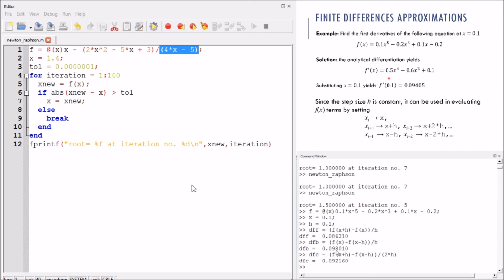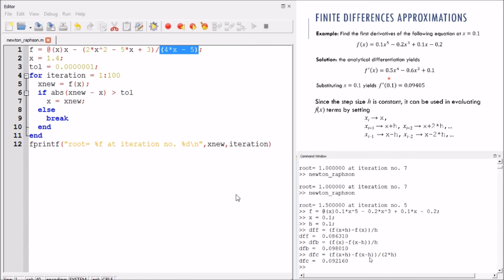Okay, the backward finite difference is acceptable, but still there's a big difference in the third decimal digit. But the closer value is the value obtained by the central difference.